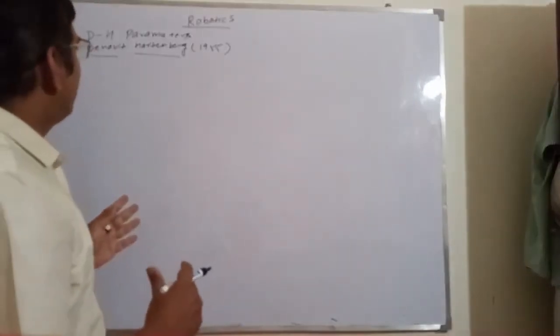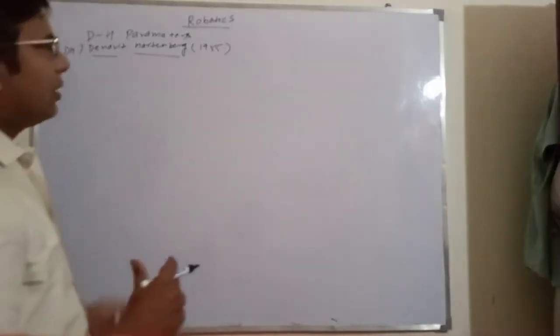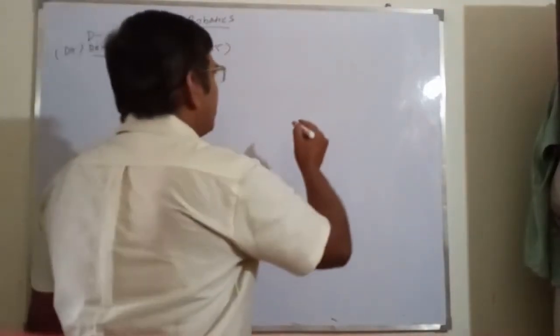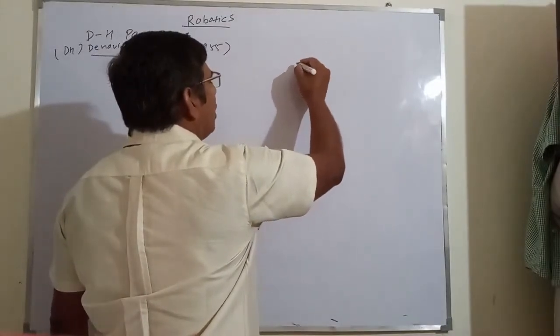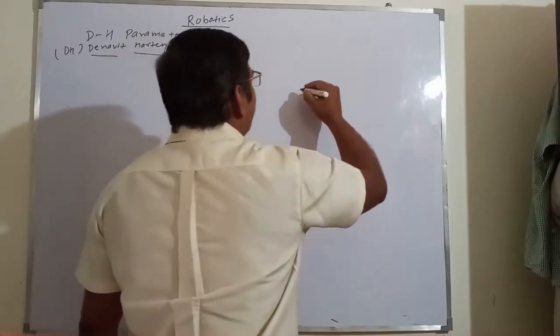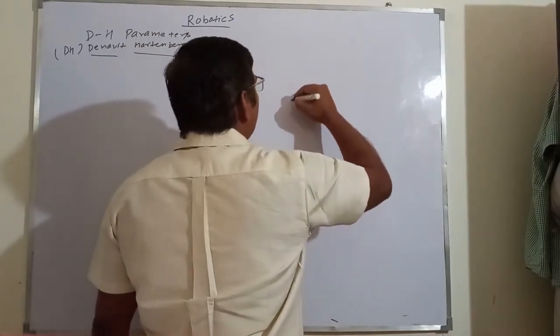So let's see what the Denavit-Hartenberg convention is. For this, let's take a robotic manipulator.